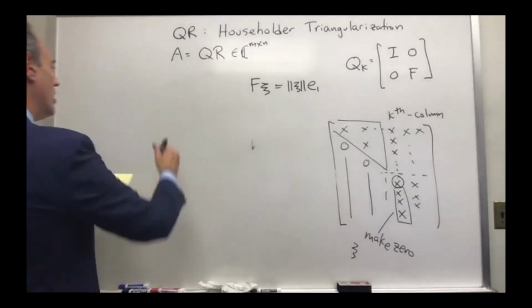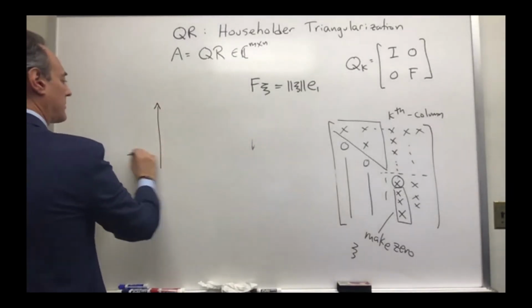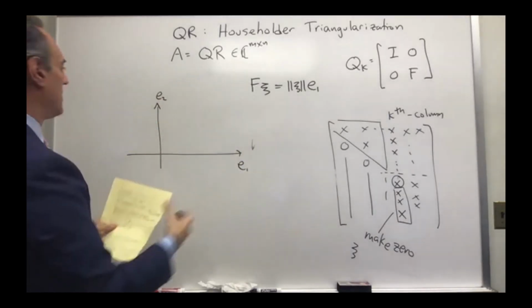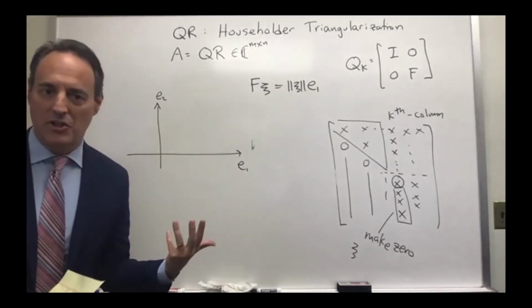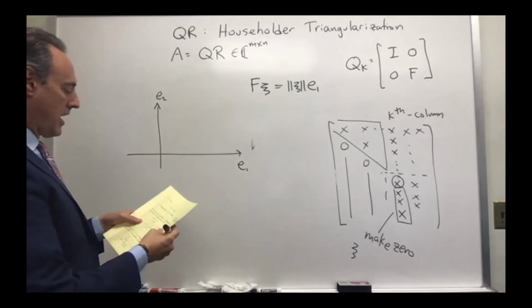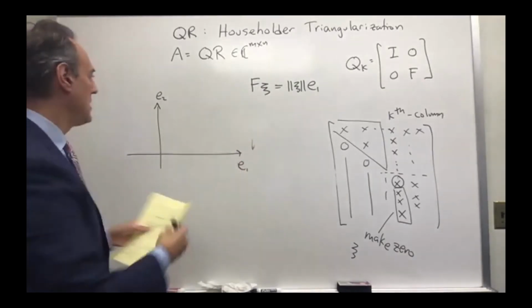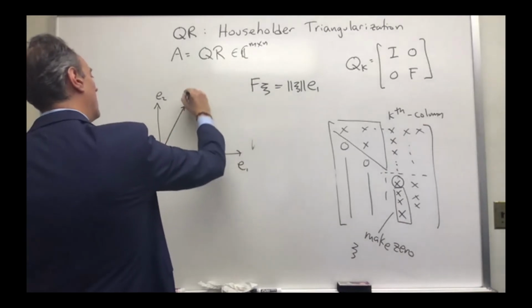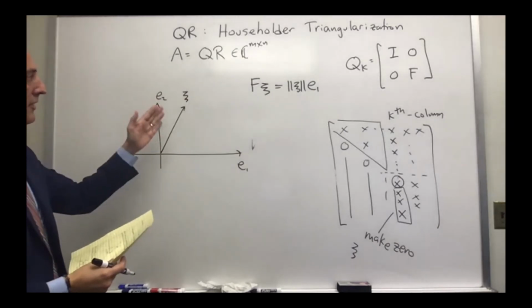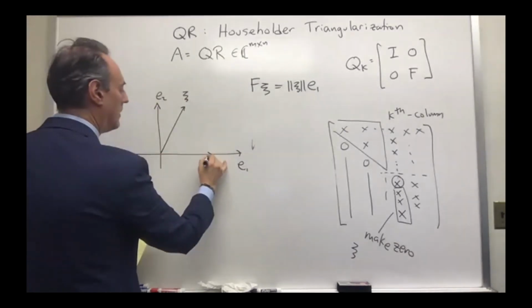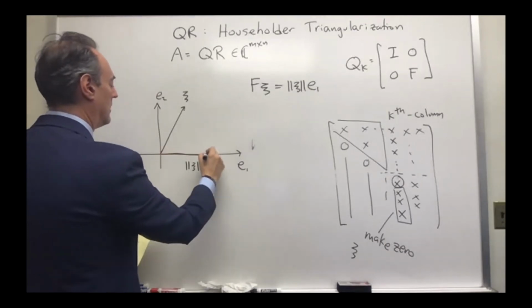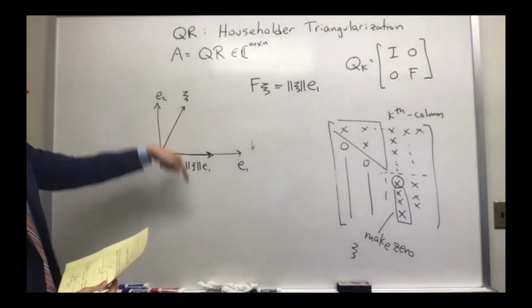Okay, so let's draw a space here. E1 direction, E2 direction, and I'm going to just project it on two-dimensional spaces because that's about all I can draw. But what I'm really saying here is I have this vector C. There it is. And what I'd like to do is project this vector C onto this vector. So basically, this is what I really want.